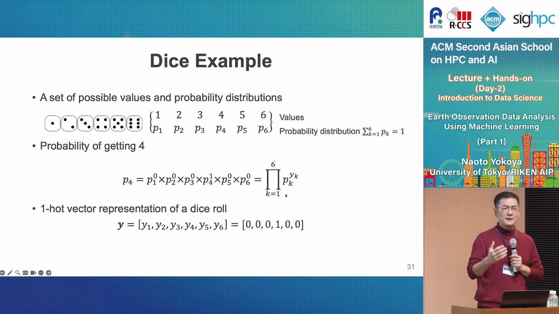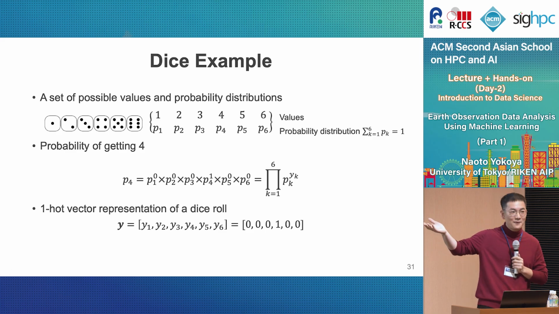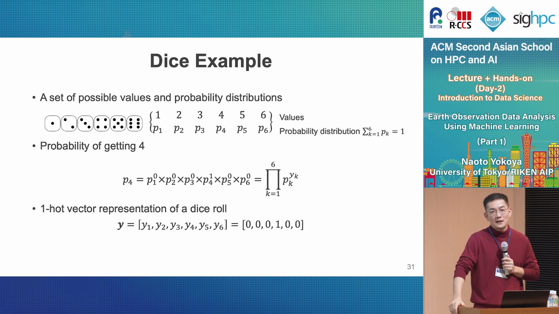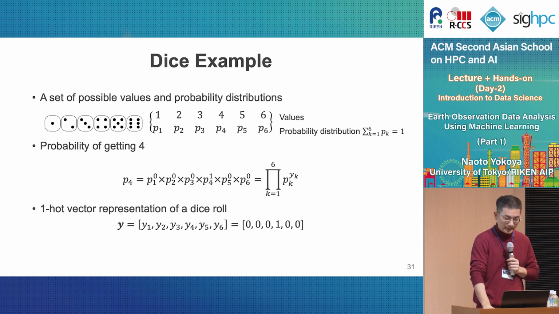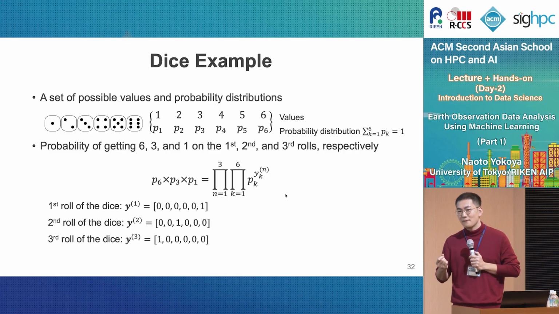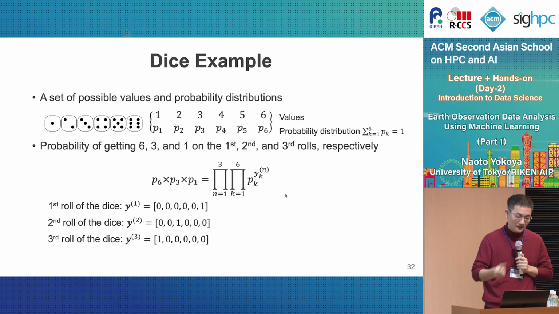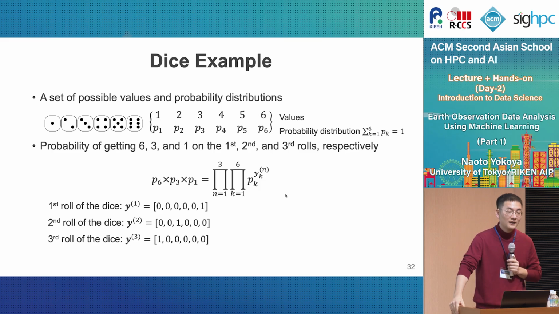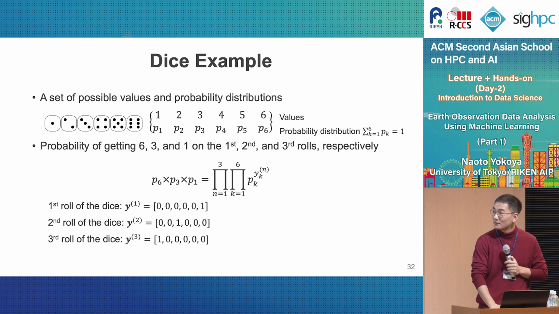So maybe you wonder why we need to, just P4 is simpler. So it doesn't make sense to represent it in such complicated manner. But yeah, later we will see why it's convenient. So, and then what is the probability of getting 6, 3, and 1 if we try this dice roll 3 times? And of course you will answer, of course, come on, this is P6 times, multiplied by P3 and P1. So it's just simply multiplying those probabilities. So, okay.